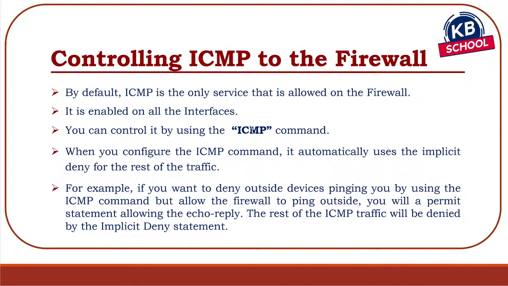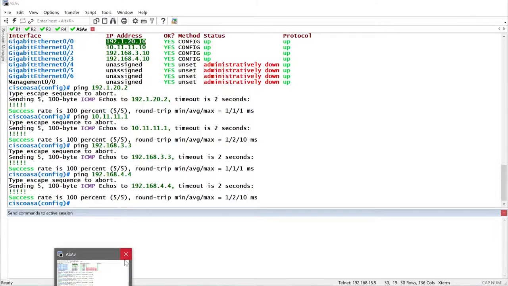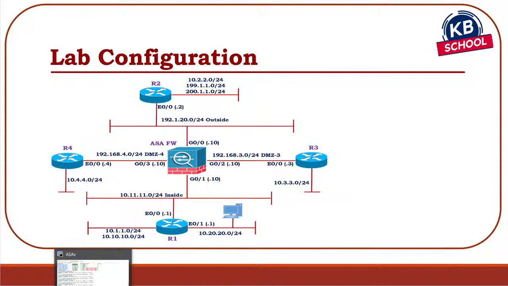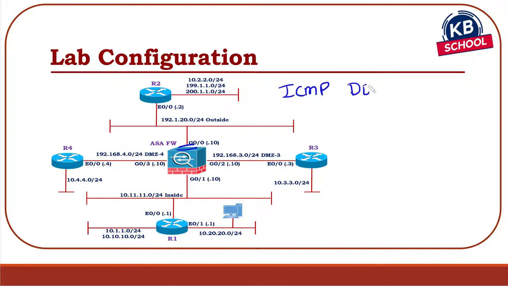For example, right now you saw that I allowed all ICMP packets, correct? I could ping from the firewall to the routers, and the routers could ping the firewall. But now if I put an ICMP command saying, hey, listen, I don't want people pinging my outside interface, the way I would do that is I would use a command called ICMP deny any outside.